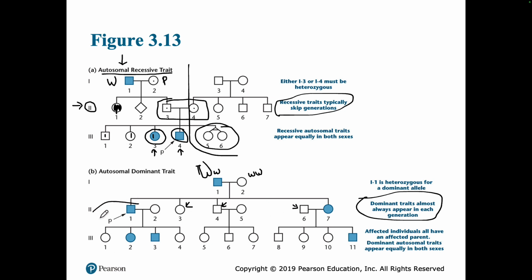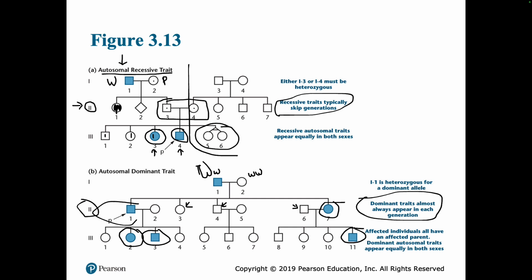But some of his children are. And you can see that, again, you have a number of offspring that actually express the trait. And if this was a recessive trait, we likely would not see it in generation 2, and we wouldn't have as many individuals likely in generation 3 that had it.